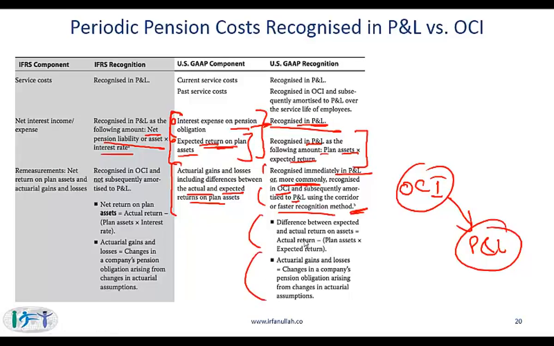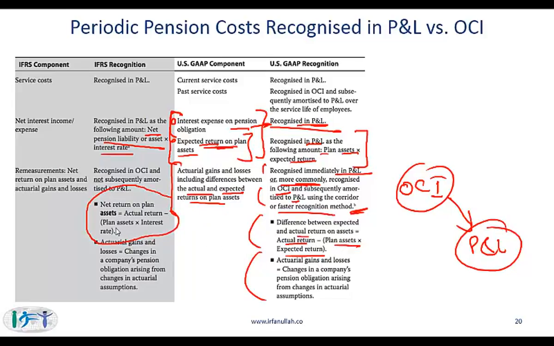Two other final points here. The difference between expected and actual return on assets is equal to the actual return minus plan assets into expected return. This is somewhat similar to what we saw here, but there is a difference.